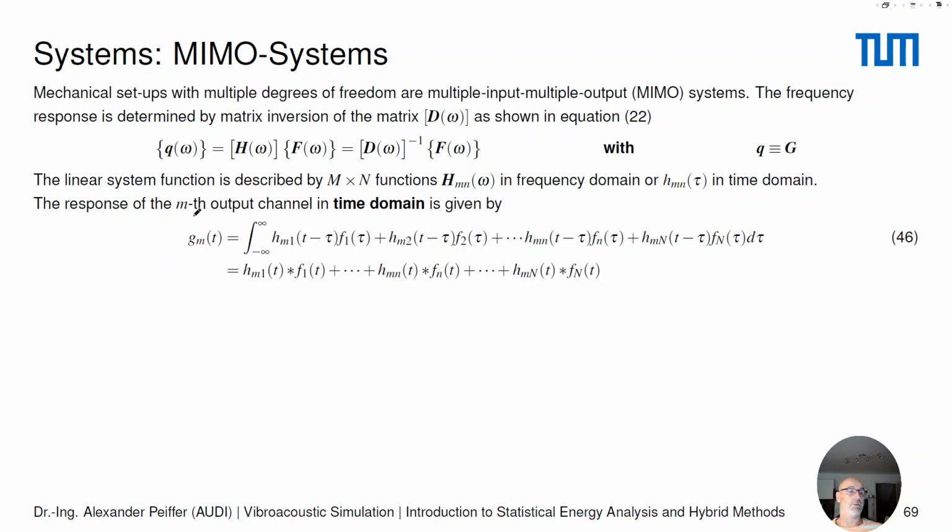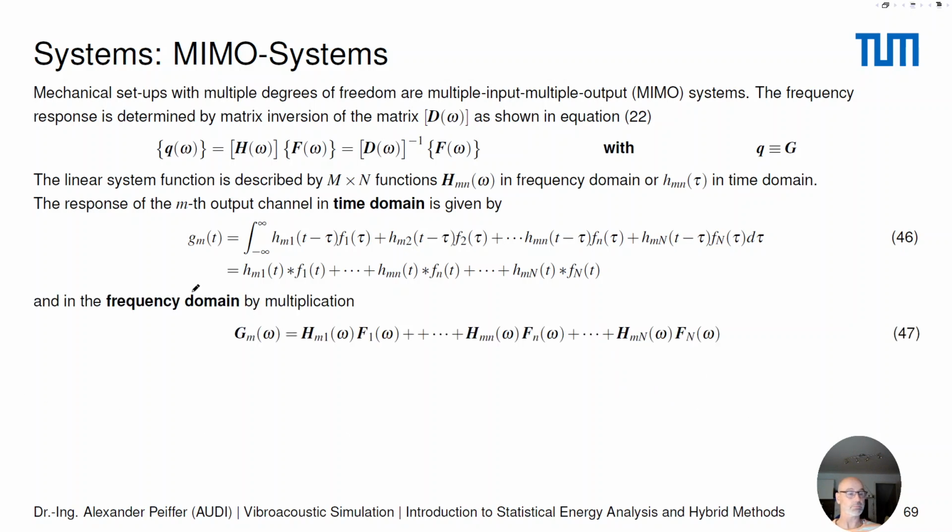Say we are interested in the output of channel m, then it would be the convolution integral, convolving all the single force components with all the single impulse responses, giving a quite complex formulation.